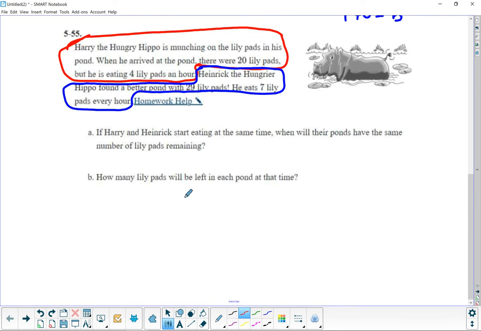Okay, so let's do a table. I think that's probably the easiest bet. Okay, so let's go Harry and Heinrich, and we're going to go with the time.